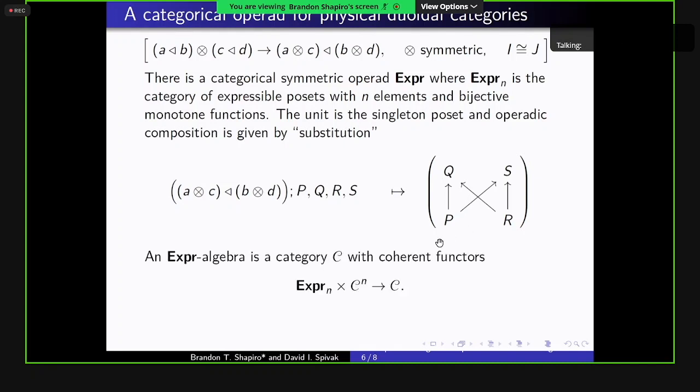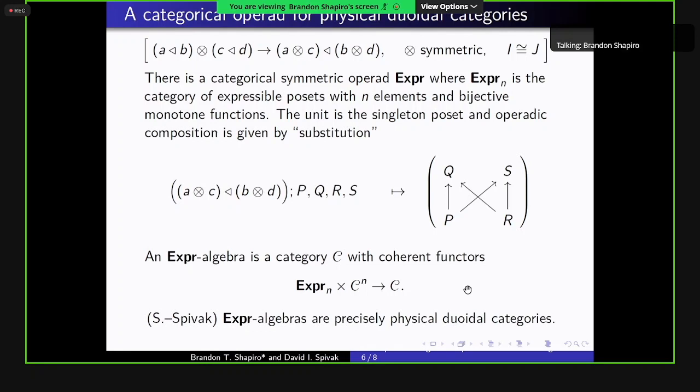to saying that an algebra for this operad, where we have this sort of n-ary operation for each finite poset and appropriate maps between them, that the algebras for that operad correspond to the physical duoidal categories. And you can make this statement more or less precise and specific by varying how strict we take it.